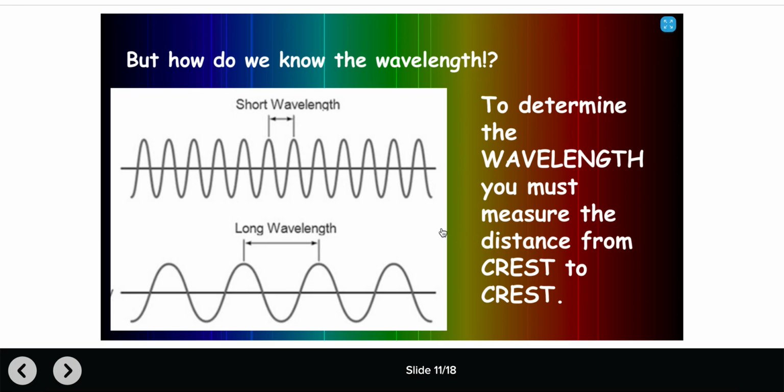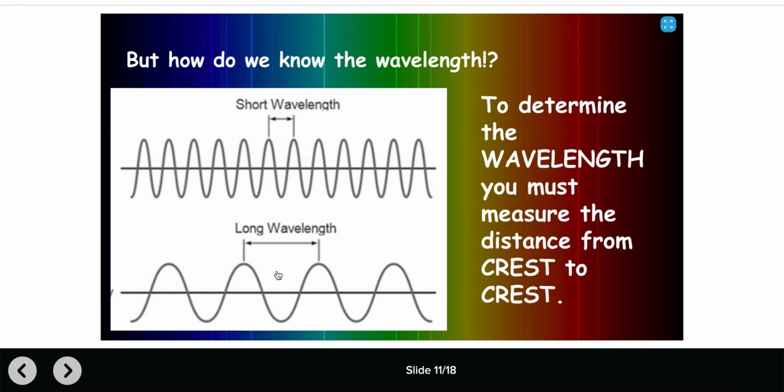Okay, oh, I also mentioned this briefly earlier about wavelength. So, you always measure the wavelength of any wave, whether it's light or sound. You measure from peak to peak, or crest to crest. Okay, so this first one has a very short wavelength because this gap in between each crest is very tiny. And down here, there's, of course, a much longer wavelength because the gap in between each crest is much wider.